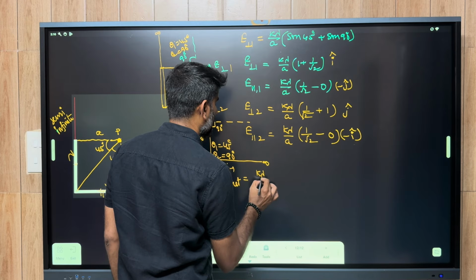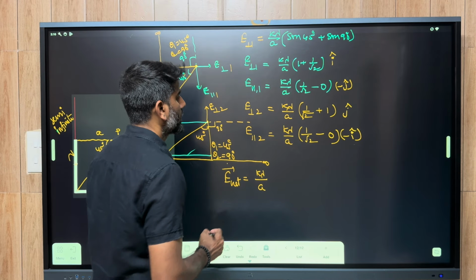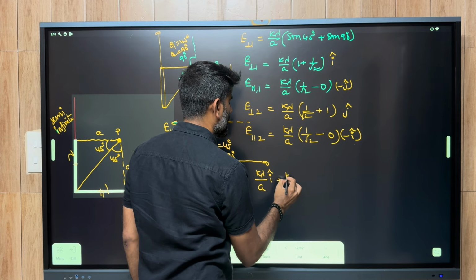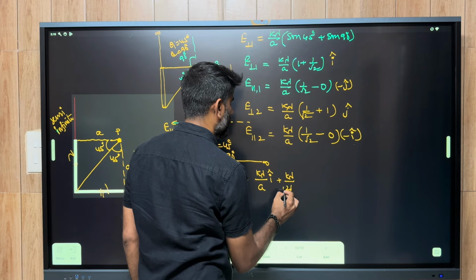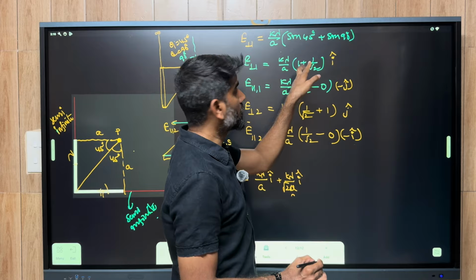So k lambda by a I cap, and multiplying all this, k lambda by root 2 a I cap.